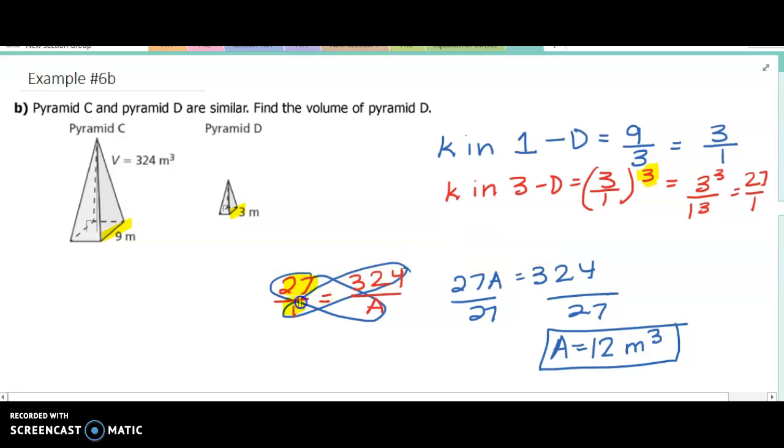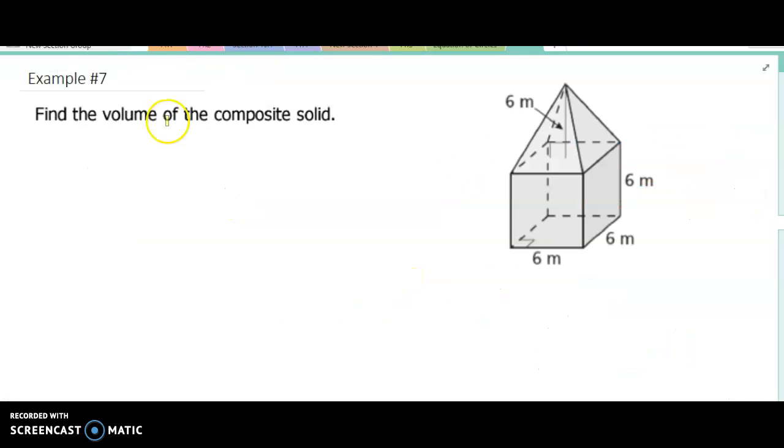Since the bigger number is on top, you put the bigger area on top. So if you would have had 1 over 27, you'd have put A over 324. But I did it the other way. And then when you cross multiply, 27a equals 324, you get the area of the smaller one is only 12 meters cubed.